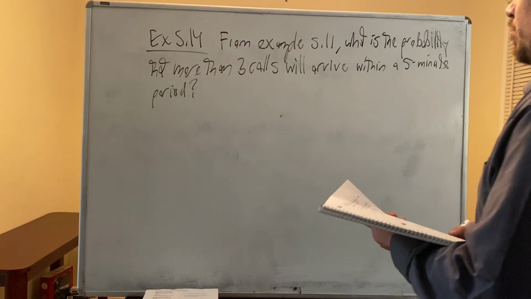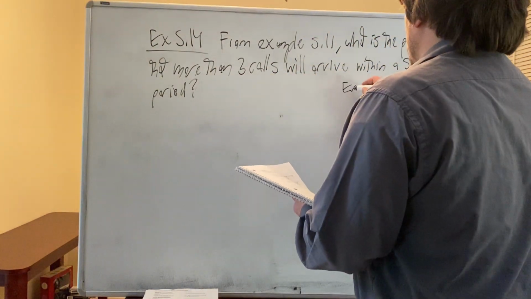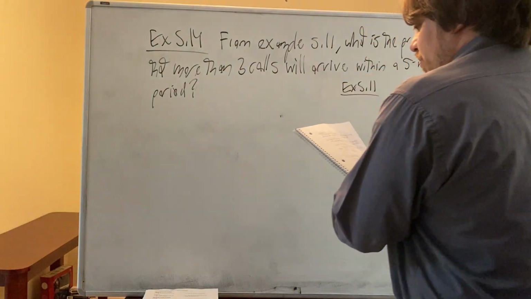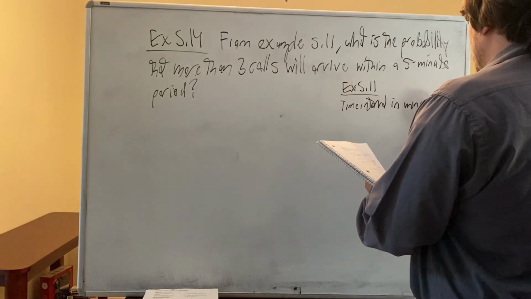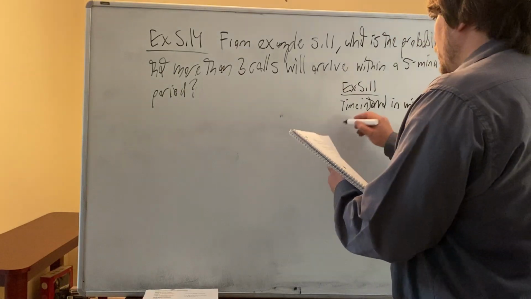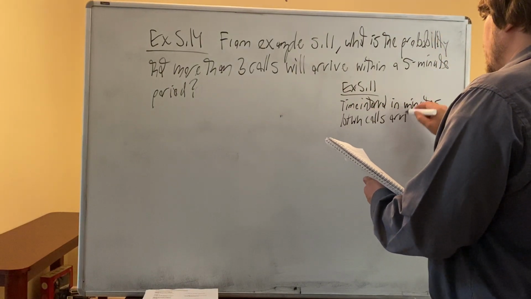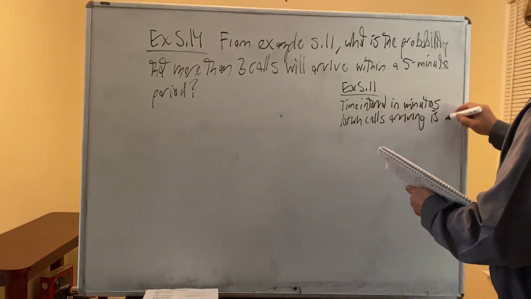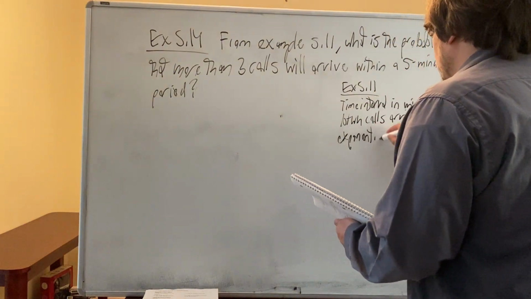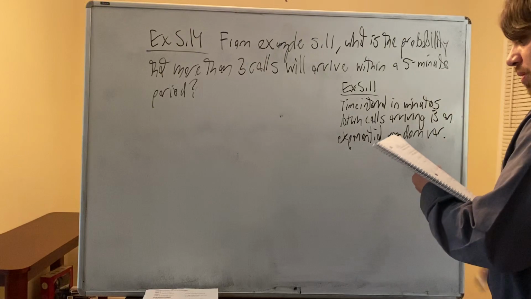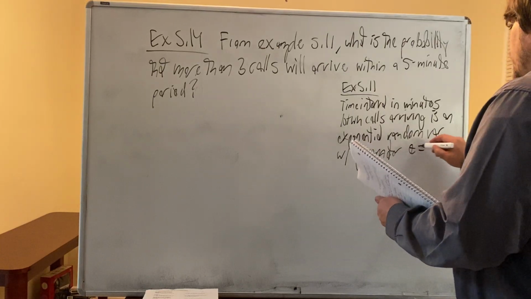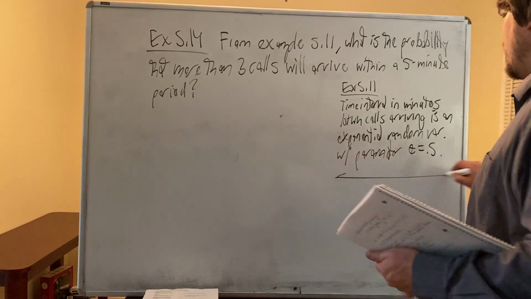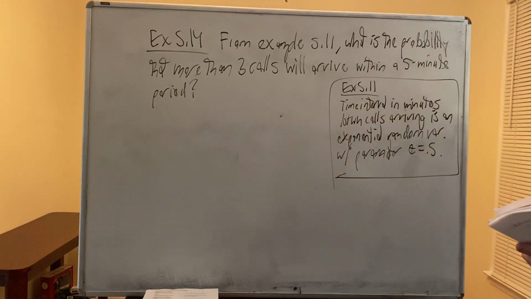Okay, so in example 5.11, the time interval in minutes between calls arriving is an exponential random variable with parameter theta equals 0.5.